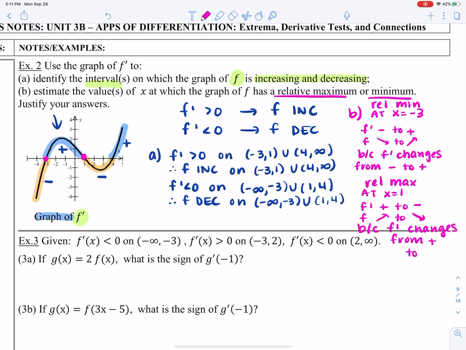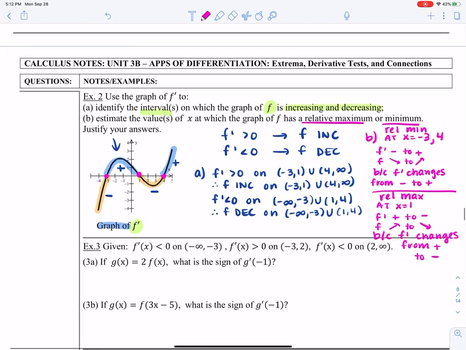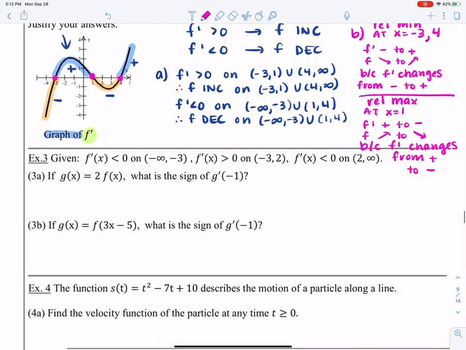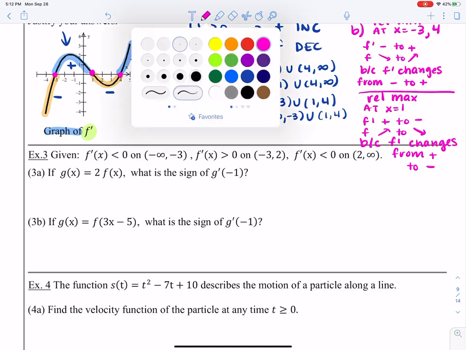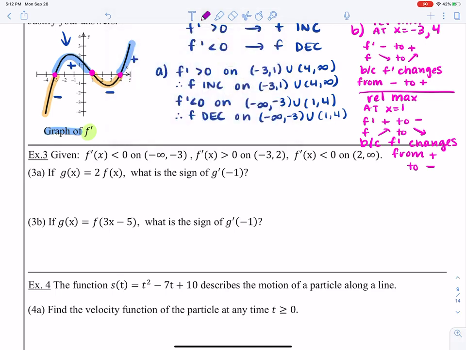So if I look at -3, notice that at x equals -3, f prime changes from negative to positive. So f prime goes from negative to positive. That means that f is going to go from decreasing to increasing, which means at x equals -3, there is a relative min.